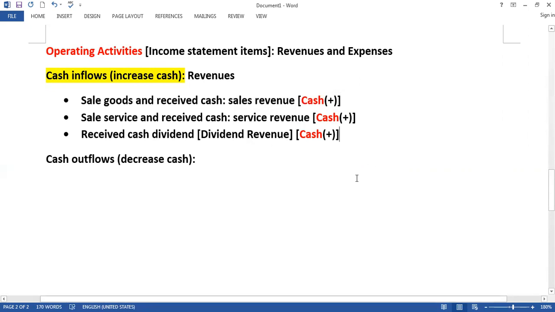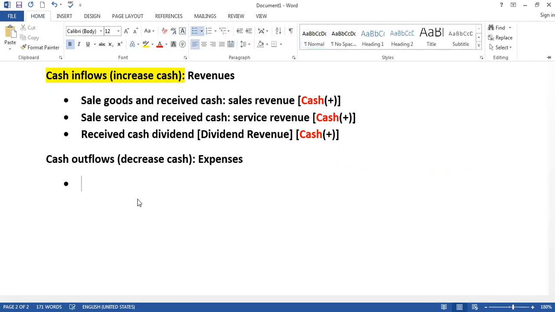Do you understand? Now we are going to see some examples for cash outflows, and of course it is related with expenses. And what are the expenses? You remember that.